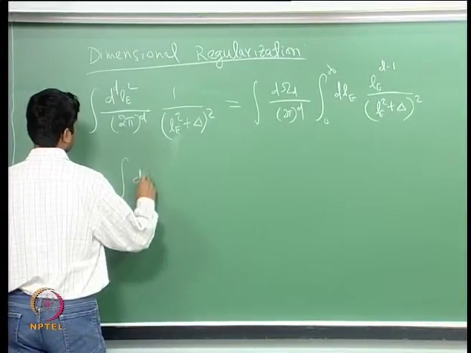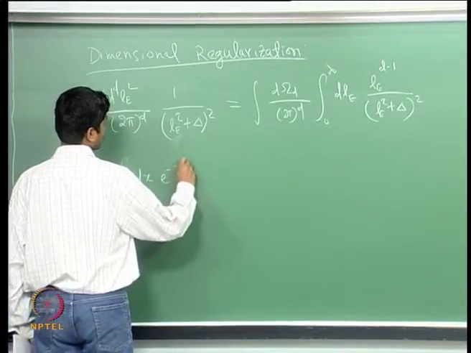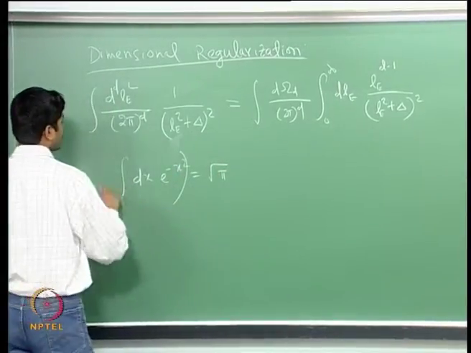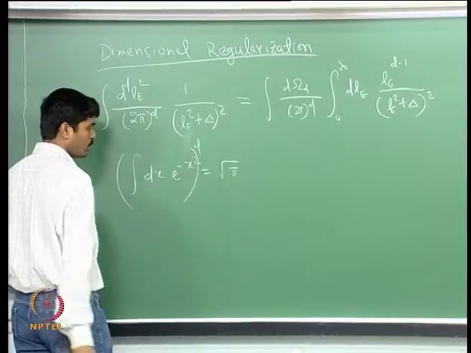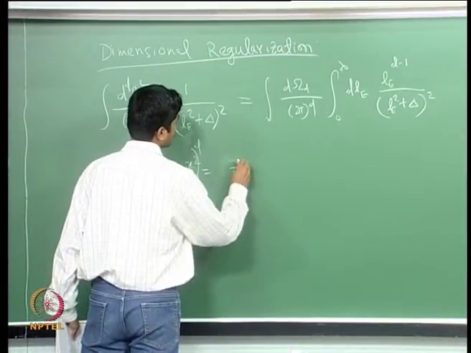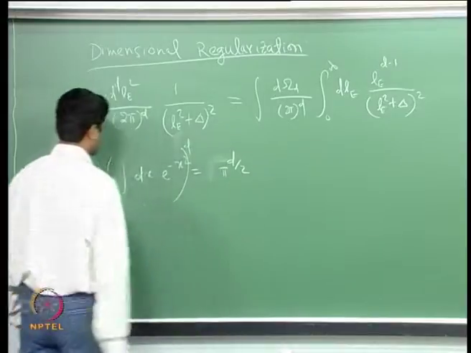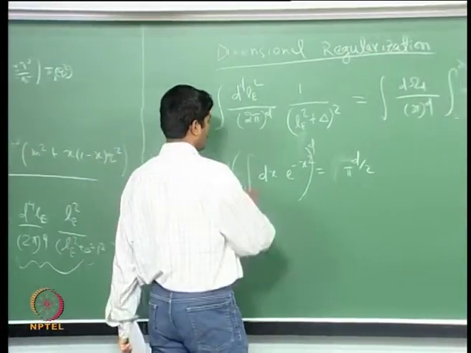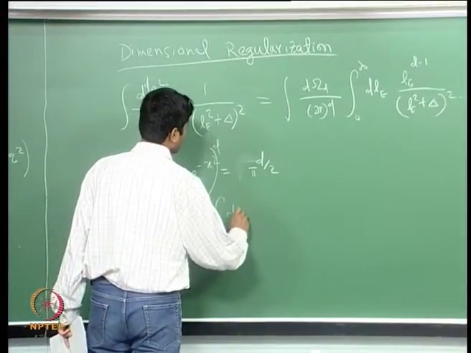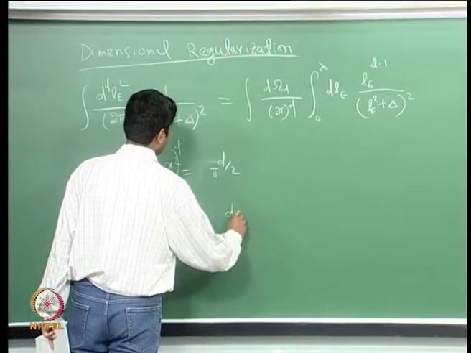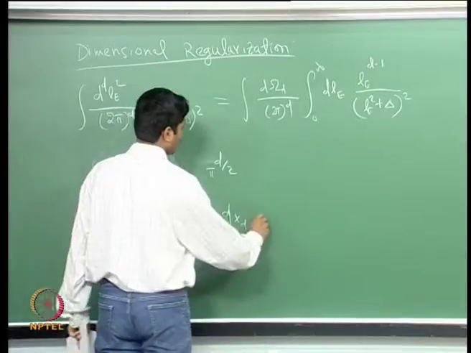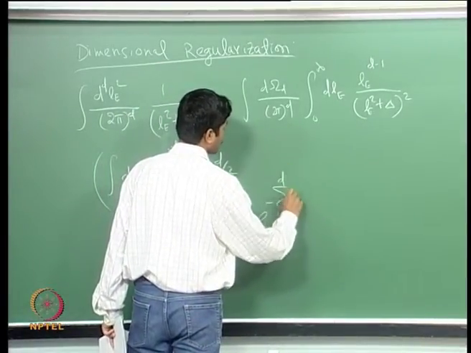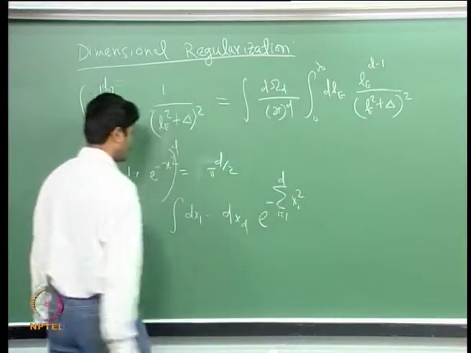We know the integral dx e to the power minus x square is square root pi. So when I take this to the power d, what I will get here is pi to the power d by 2. The left hand side I can rewrite as integration dx_1 up to dx_d e to the power minus sum over i equal to 1 to d of x_i square.